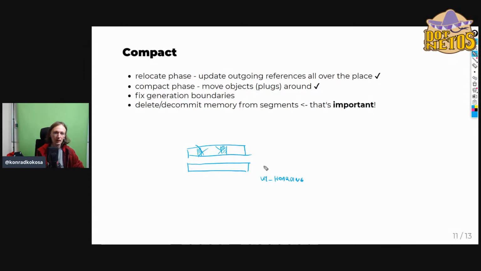Probably it will be reused. So instead of returning it completely, we have decommitted it, but it is still reserved, but we may even return it to the operating system, so it will not be reserved.